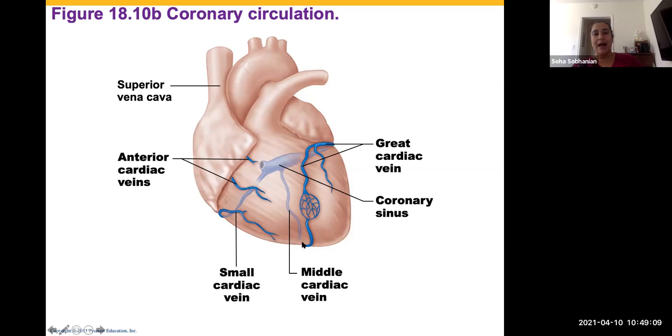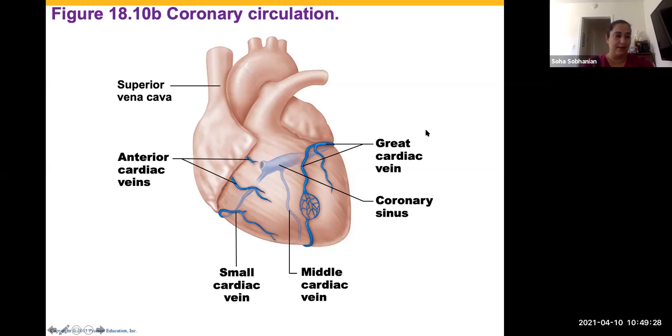There is one in the back of the heart that runs parallel to the posterior interventricular artery, and that's called the middle cardiac vein. All of these small blood vessels get dumped into the coronary sinus.